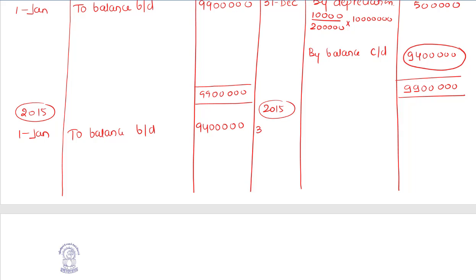Let us calculate the depreciation. 31st December, by depreciation amount.